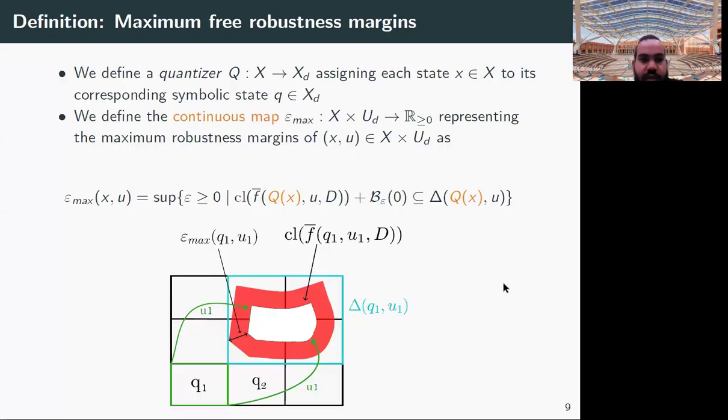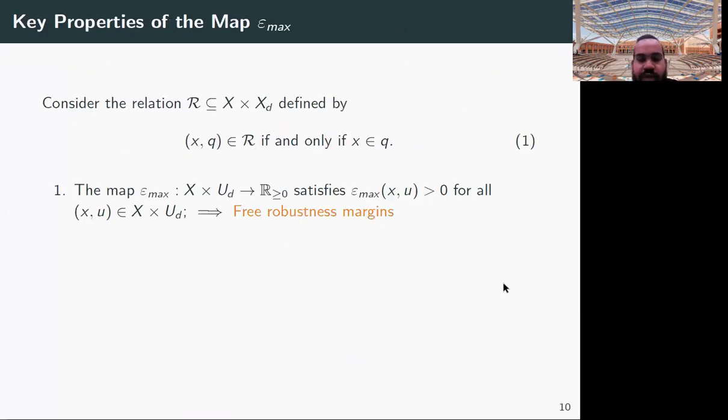After giving the formal definition of robustness margin, we have proven three key properties. Let's consider a relation R defined by: X and Q are related only if X belongs to Q. The epsilon max we have defined satisfies that for all states and inputs, it is always strictly positive. So this proves that we always have free robustness margin.